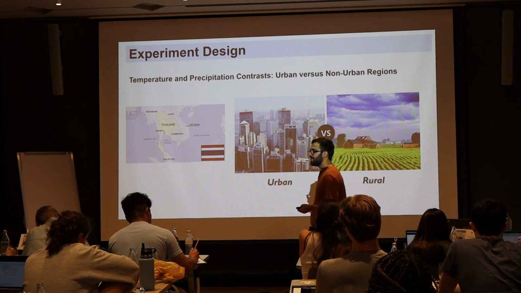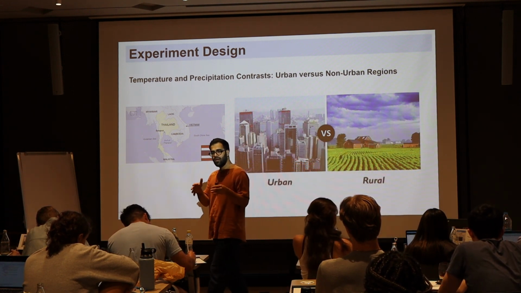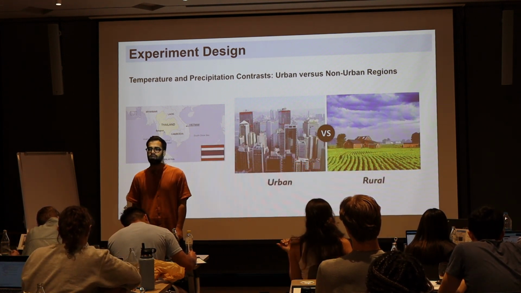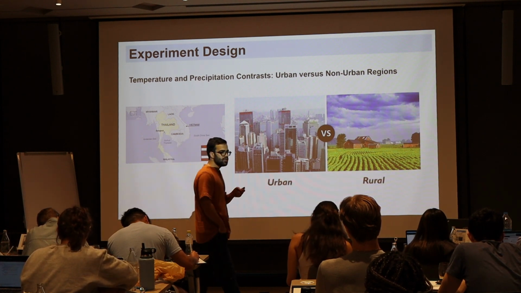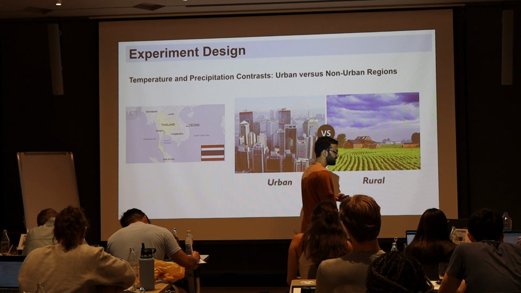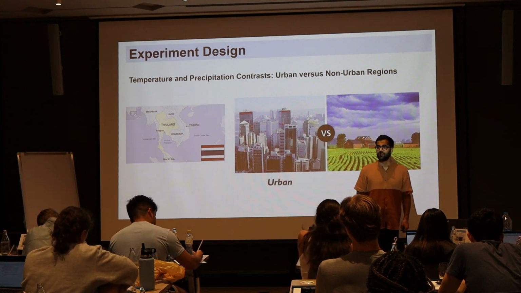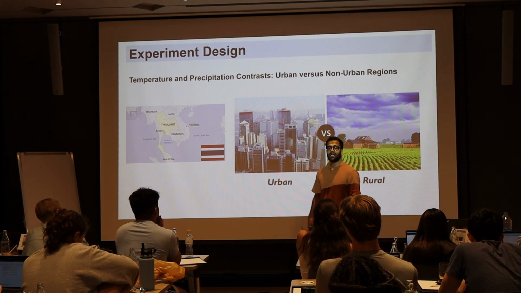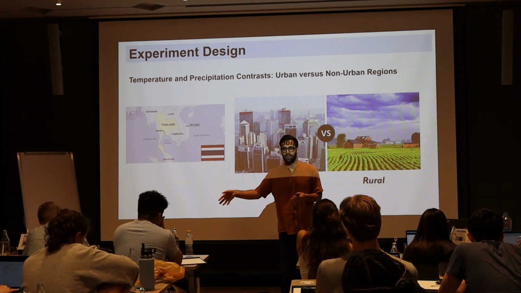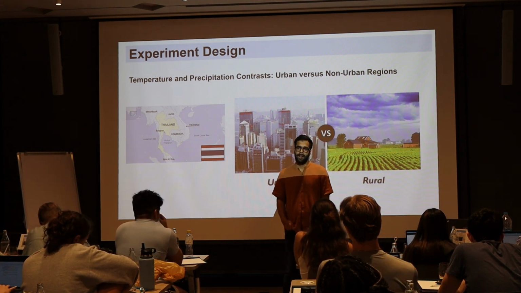Another thing is that there's not enough circulation in urban areas. These are two major reasons why the temperature is high in urban areas compared to non-urban areas. So we want to know whether the temperature is changing between the urban and non-urban areas.